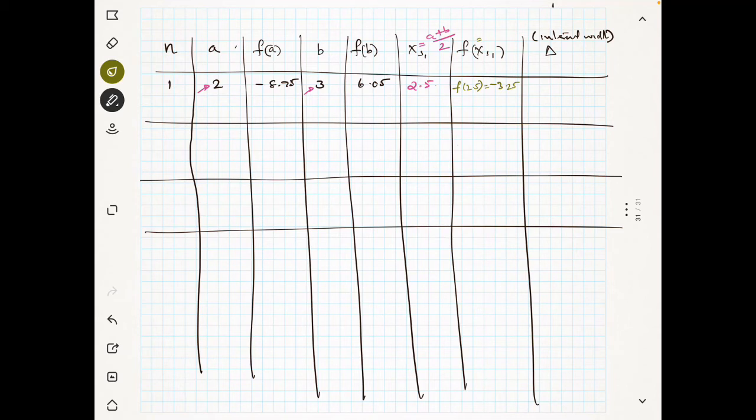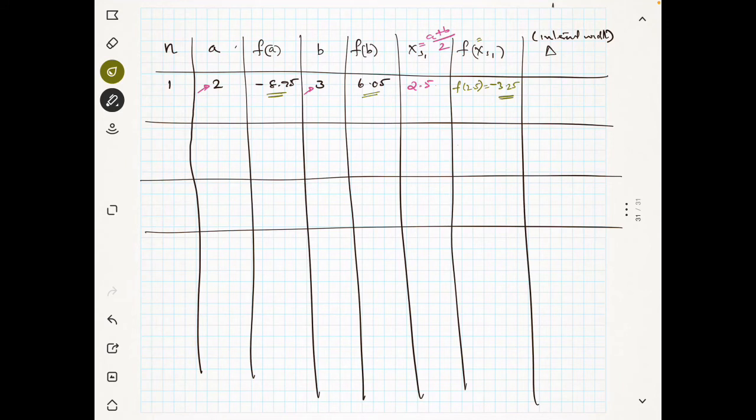Now where is the solution actually? You can see that f of a is negative and f of xs is negative, so there is no solution between the two of them. The solution is between f of b, which is positive, and f of xs, which is negative.